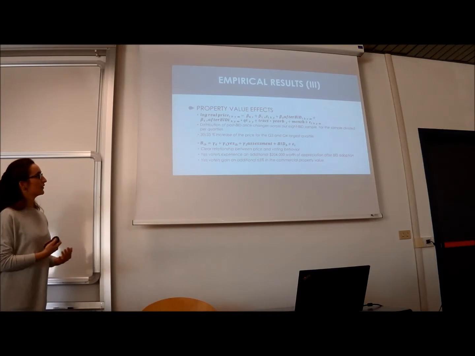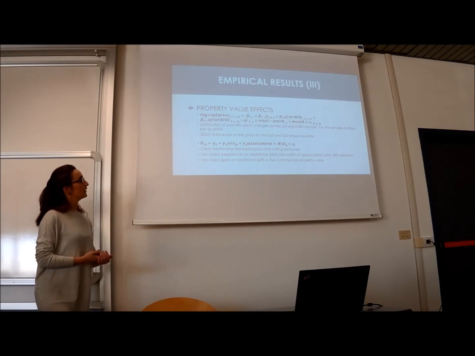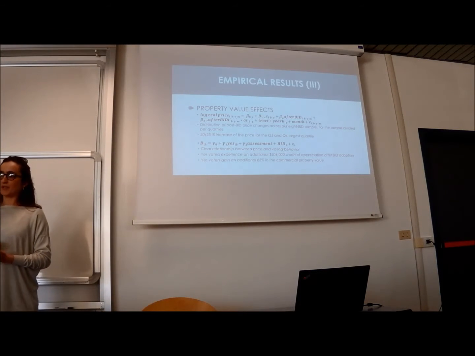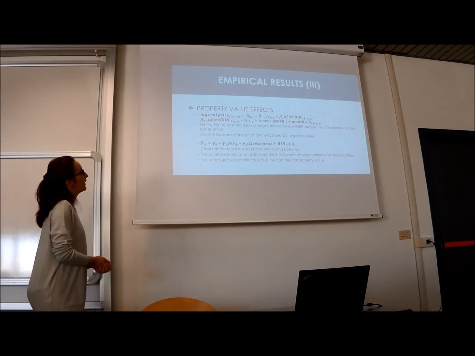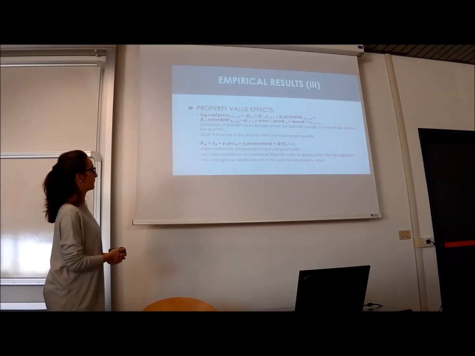Finally, the last set of results regards property value effects. Property value effects are the effect on properties after the BID is formed. The authors analyze these aspects with two types of regression.